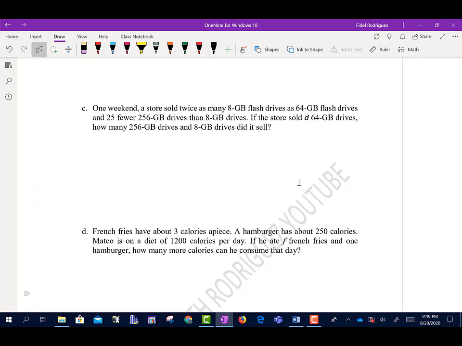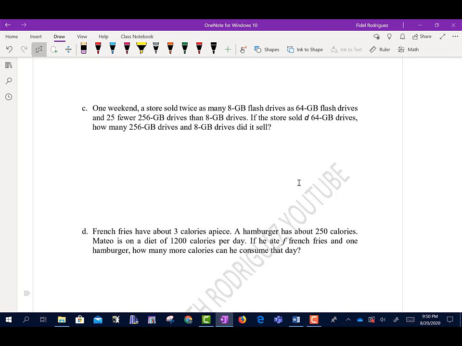It says, one weekend, a store sold twice as many 8 gigabyte flash drives as 64 gigabyte flash drives, and 25 fewer 256 gigabyte drives than the 8 gigabyte drives. If the store sold D 64 gigabyte drives, how many 256 gigabyte drives and how many 8 gigabyte drives did it sell? Okay, so let's take a look at it.